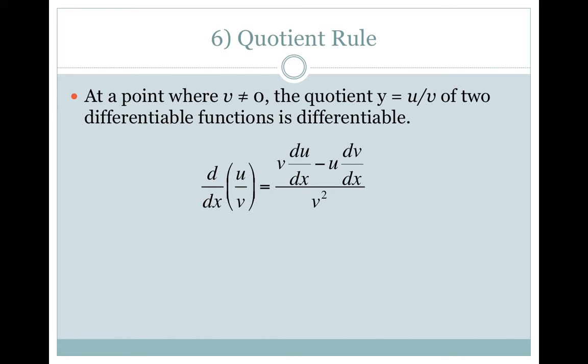The derivative of a quotient looks like this. u is my top function, v is my bottom function, or my numerator, my denominator. So it's denominator times the derivative of the numerator minus the numerator times the derivative of the denominator all over the square of the denominator.